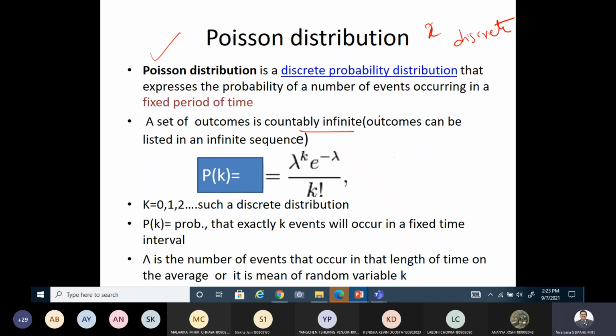Whenever in a problem the outcome of an experiment is fixed, for example rolling a die, you know the possible outcomes are standard: getting 1, 2, 3, 4, 5 or 6.